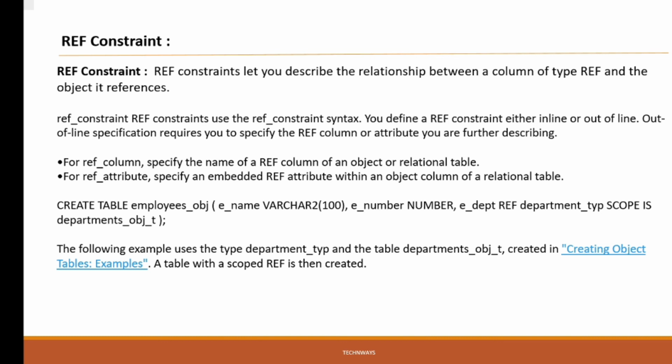If we want to reference a column from another table, we use the reference constraint. For example, we have a mobile number column that we don't want to insert using our insert query; we want to reference that column from another table and get those values from there.